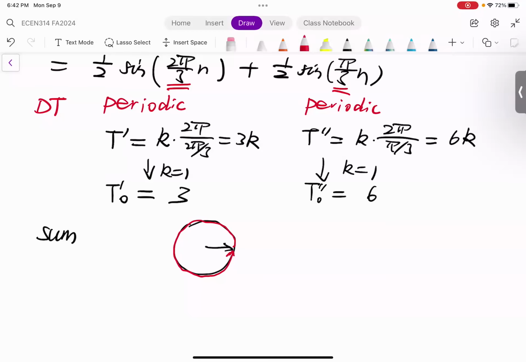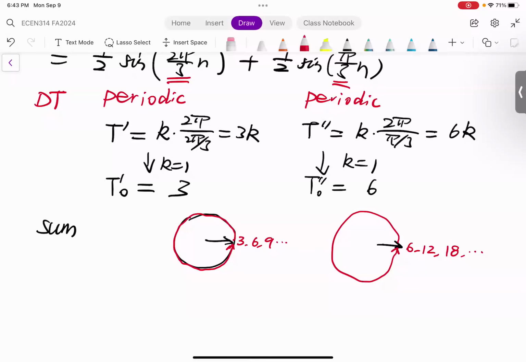So it's 3, 6, 9. And I have another signal, the second signal, that is rotating slower. It comes back every 6 seconds. 6, 12, 18, and so on. So the question is, is the sum still periodic?